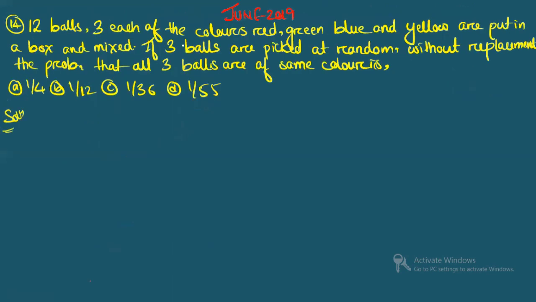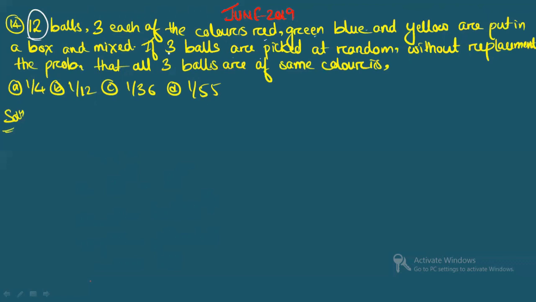Next, it is said 12 balls, 3 each of the colors red, green, blue, and yellow, are put in a box and mixed. If 3 balls are picked at random without replacement, the probability that all 3 balls are of the same color is what? So you have 12 balls, 3 of each color, red, green, blue, and yellow, in a box.